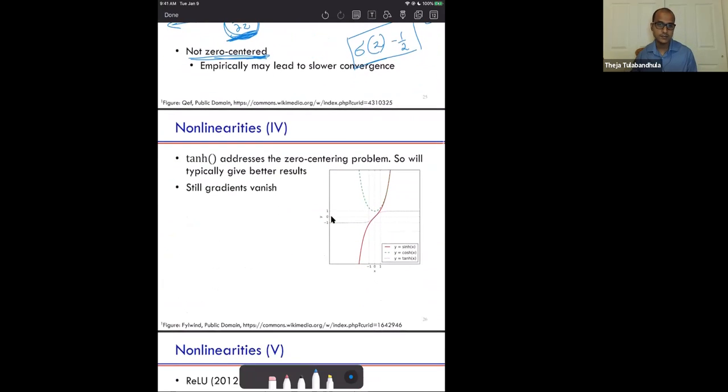Let's talk about another nonlinearity, just to get a sense of how it looks. There's a nonlinearity called tanh, which is quite popular in early generation neural networks. It's a function whose curve, and you can look it up on Wikipedia, looks like this.